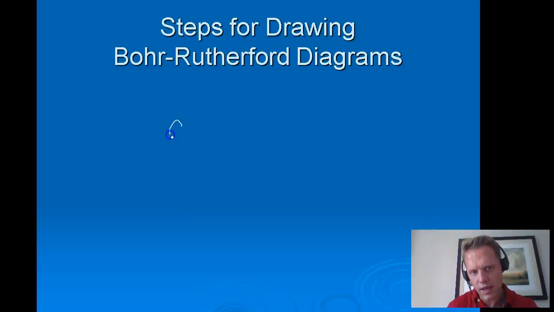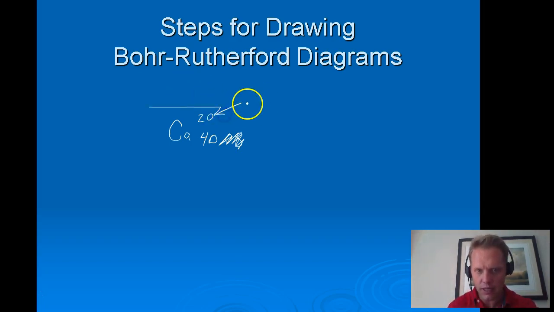Alright, so calcium had two numbers there. Ca had 20 and it had 40.08. What I'm going to do is get rid of this 0.08 and we're just going to have 40. Now what's the small number? The smaller number is always the atomic number.